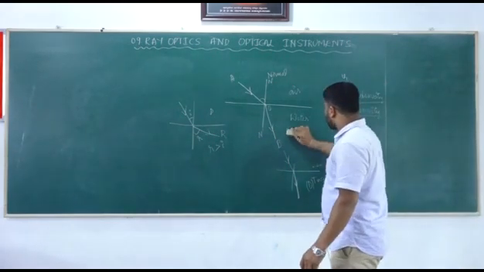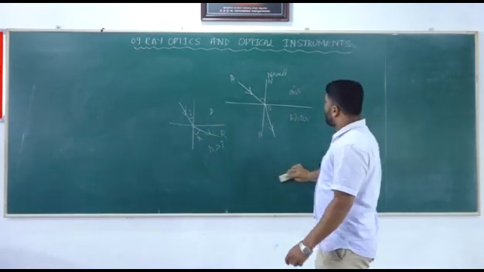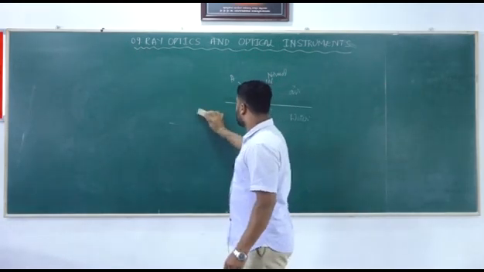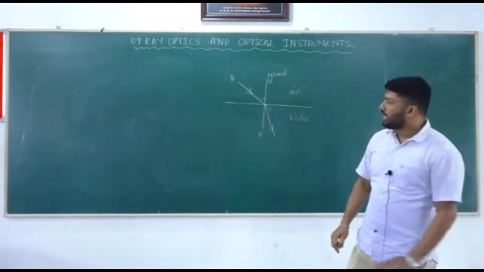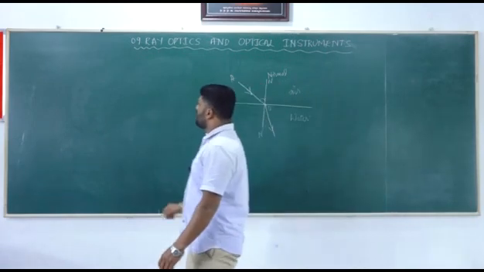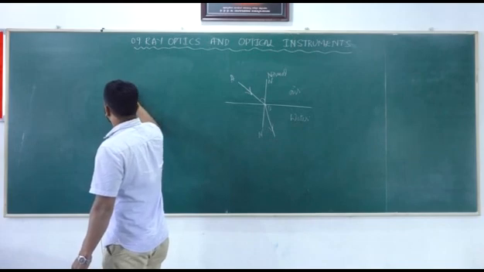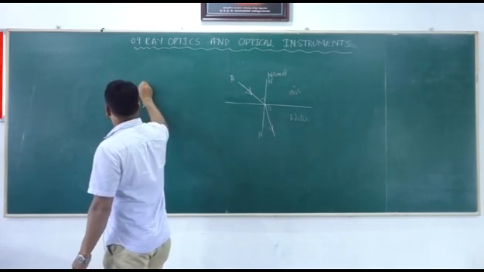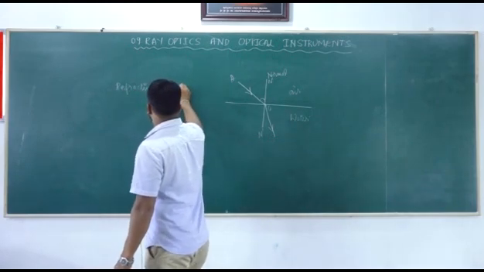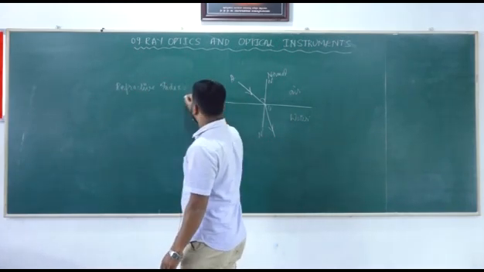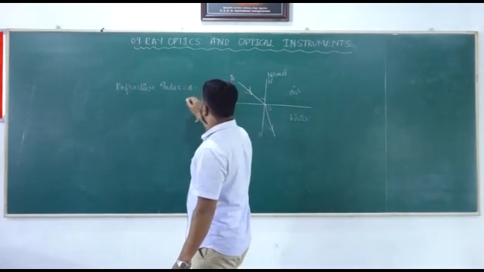Now we move on to another condition, that is Snell's law. Snell's law says the ratio of the sine of the angle of incidence to the sine of the angle of refraction is a constant. That constant is called the refractive index for a given pair of media, denoted by n.